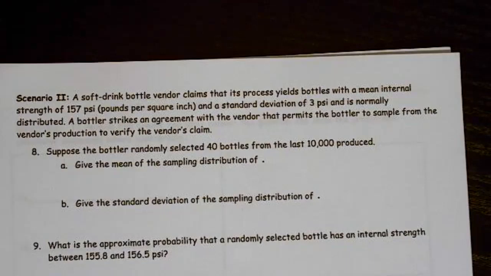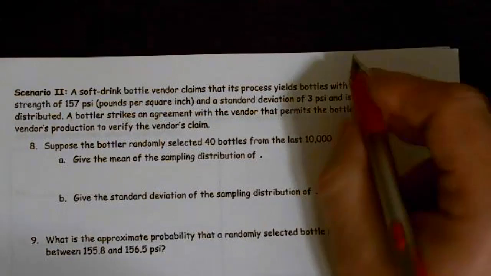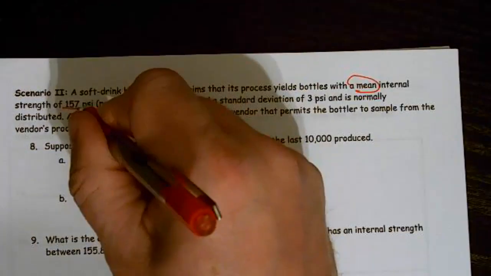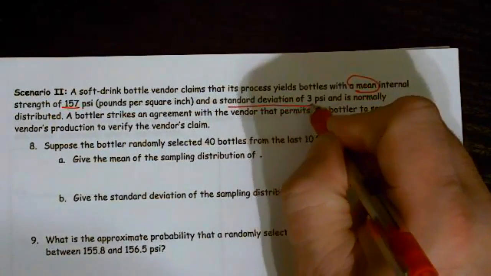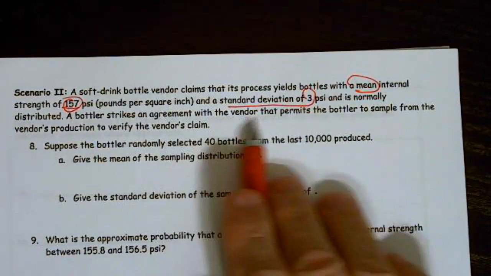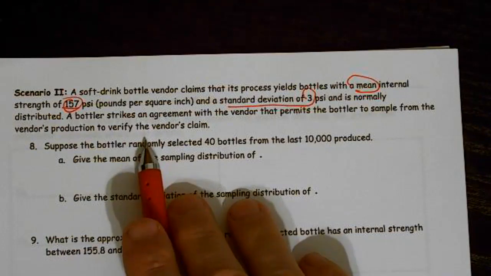Actually, a little further. A soft drink bottle vendor claims that its process yields bottles with a mean internal strength of 157 psi, so the mean is 157 and a standard deviation of 3. A bottler strikes an agreement with the vendor and permits the bottler to sample from the vendor's bottles to verify the claim.